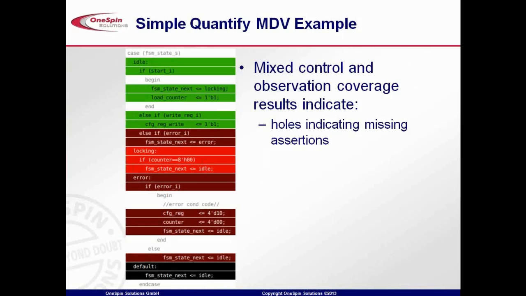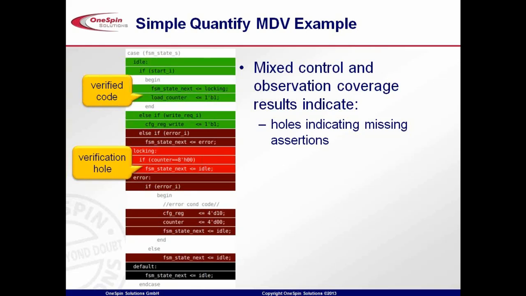Okay, and this is the result after running Quantify. The output after running it is HTML, and you can of course see that in your browser. With green you highlight lines that have been verified.